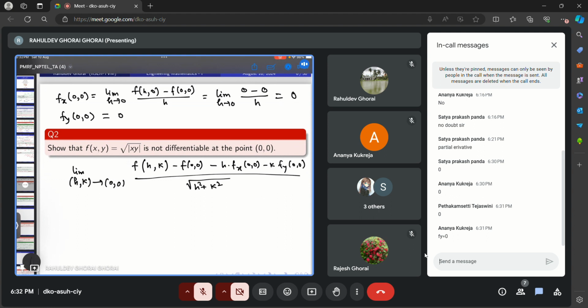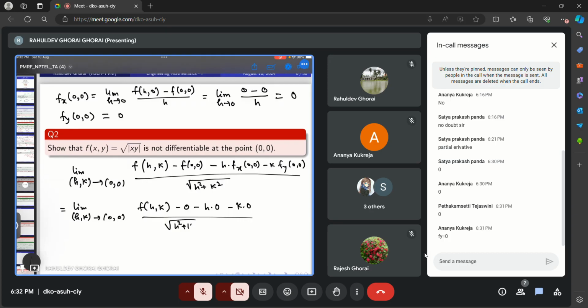You see f_x(0, 0) is 0 and f_y(0, 0) is 0. So f(h, k) minus f(0, 0) remains, and this quantity h times 0 minus k times 0 over the square root of h squared plus k squared is 0.